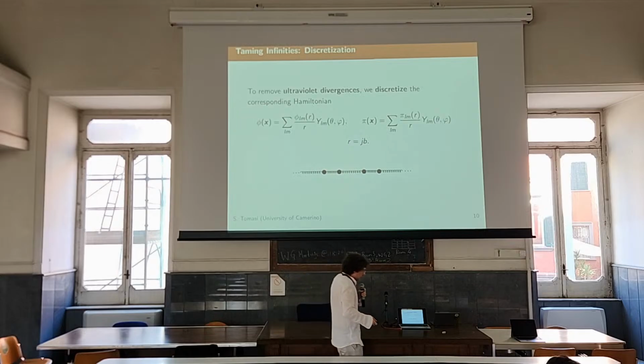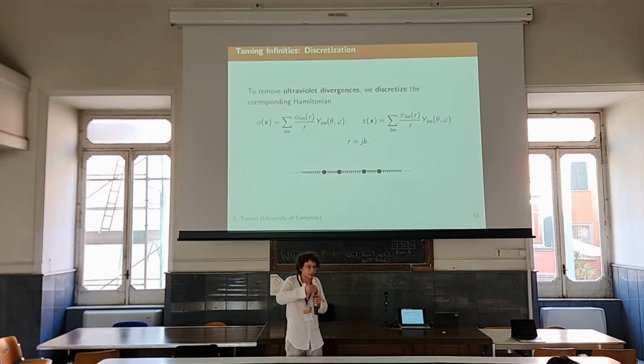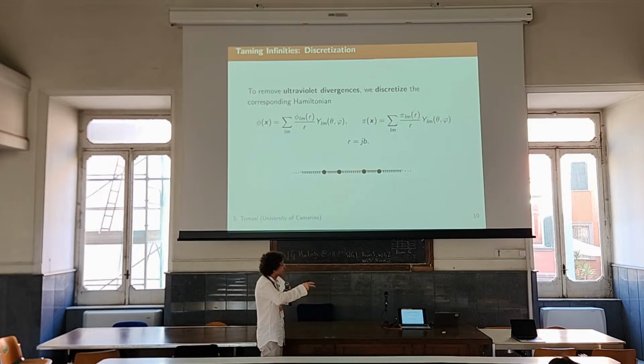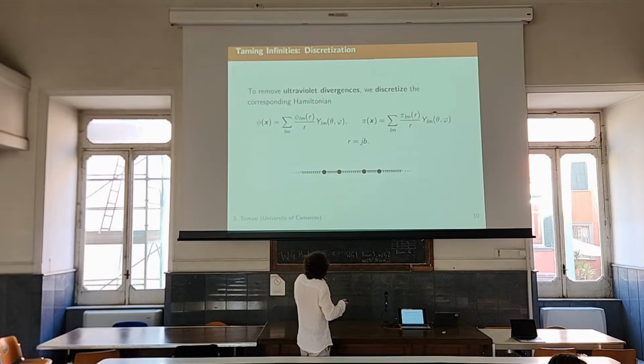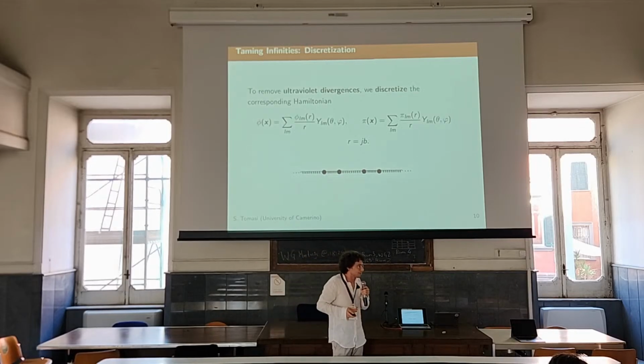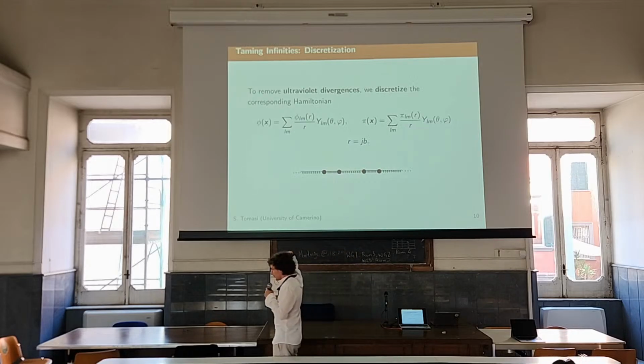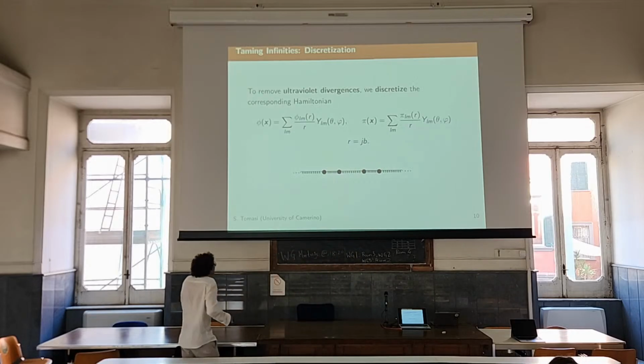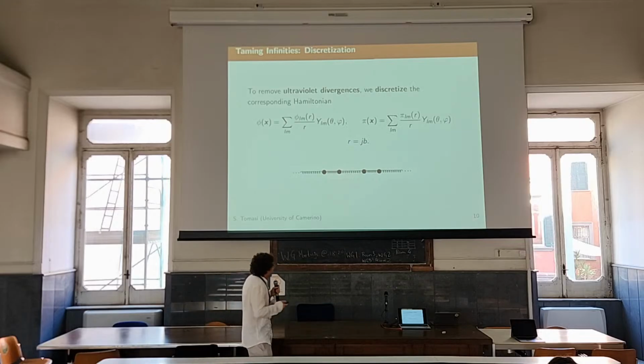Now I've told you the general setup: a scalar field theory on one of those two backgrounds. If one tries to compute the entanglement entropy directly using quantum field theory, one gets ultraviolet divergences. To overcome this problem, there are many ways.